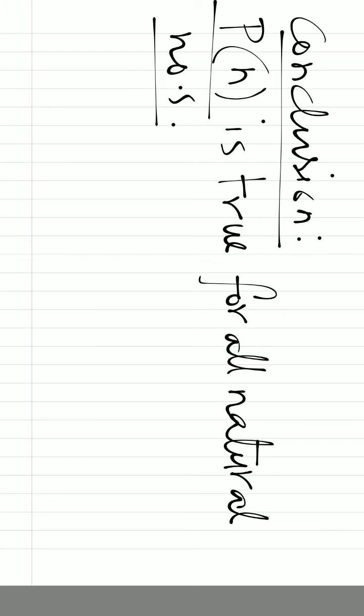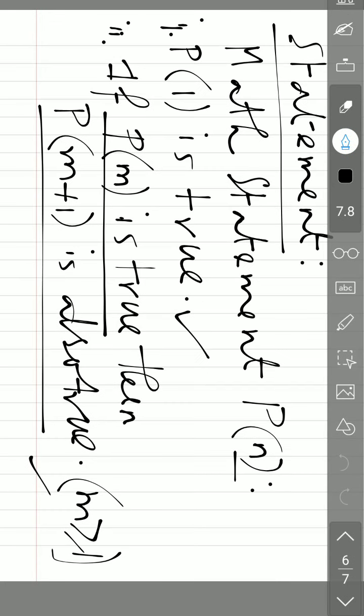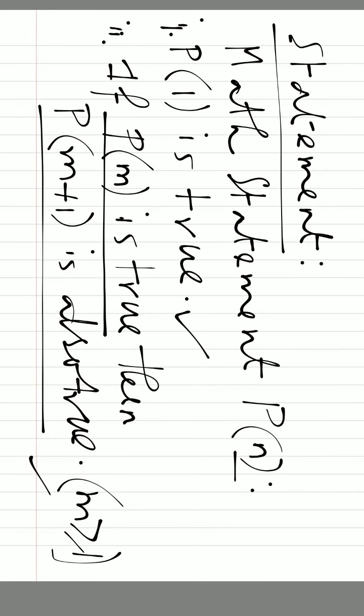So this is the power of the principle: to verify whether the statement is true or false over the set of natural numbers, it is enough to show that it is true at some initial point, say the initial point is 1, and whenever it is true at some arbitrary natural number m, it is also true at the immediately next natural number, m plus 1.